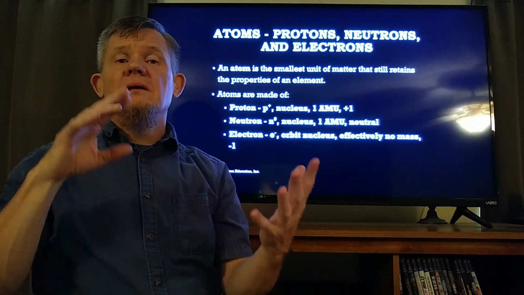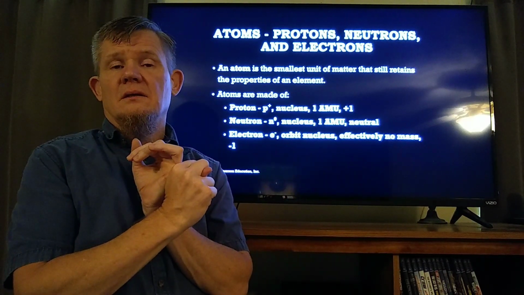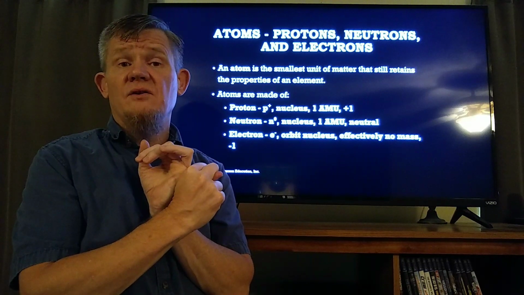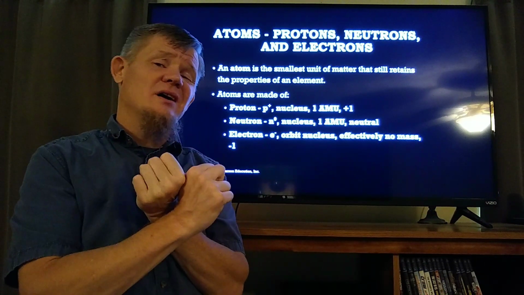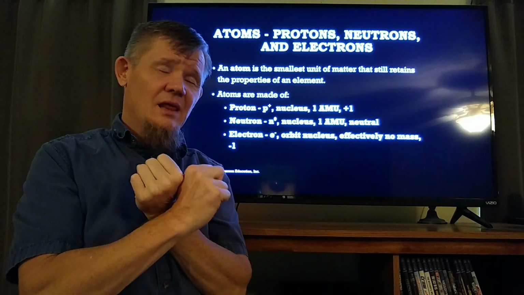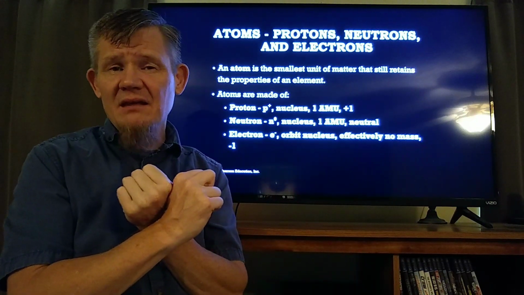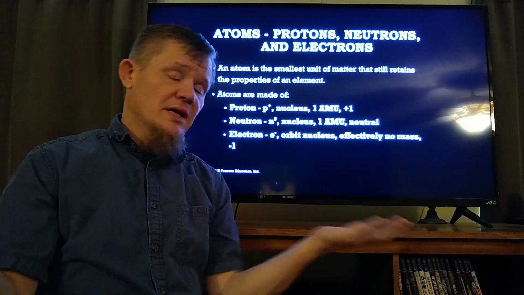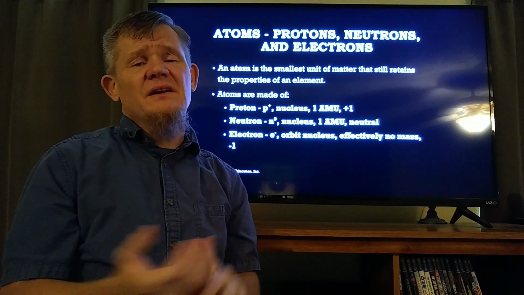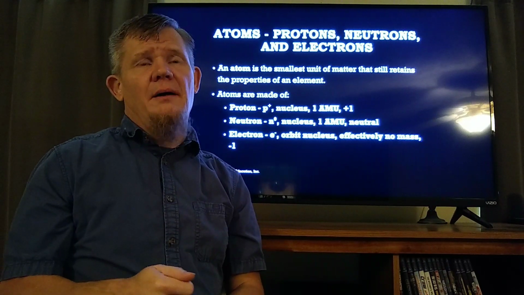Okay. Protons and neutrons are in the nucleus. They have a mass of about 1 AMU. Electrons orbit their nucleus. Their atomic symbol is E negative. E for electron, negative for their charge, negative 1. And they effectively have no mass.